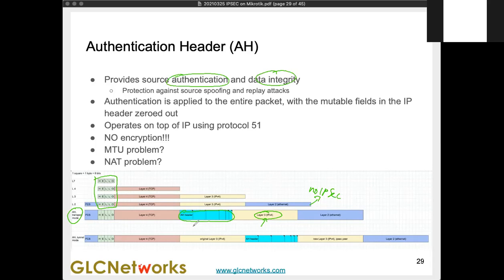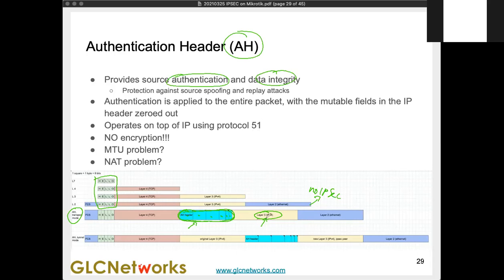The authentication header will be added here. You can see a block of cyan color; these are the fields of the IPsec header if you are using the authentication header method. It sits on top of IP.